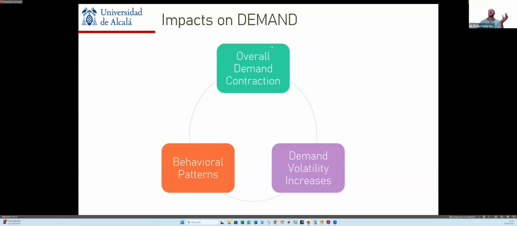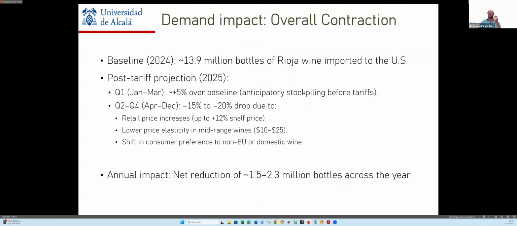Continuing with the impacts on the demand, there are three main sets of impacts. One is the overall demand contraction. The other is volatility, that is variability in the demand, and also the behavioral patterns of the consumers. And all of this is to be handled by the end companies.